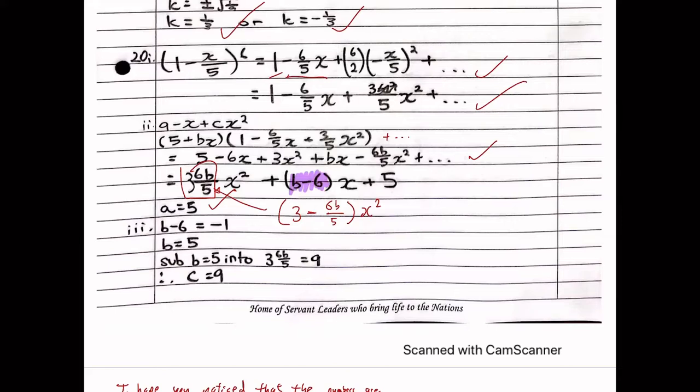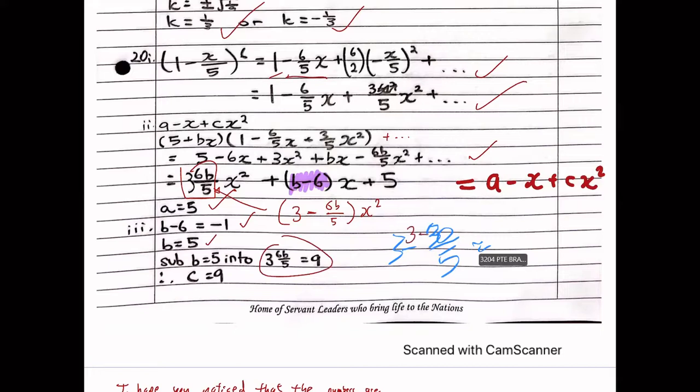Then yeah, we can just equate this to -1, which is what you did over here. Yeah, because this is equal to a minus x plus cx squared. Let me increase the font size a bit. Yeah, so b minus 6 is equal to -1. So bring the 6 over, you get 5. Correct. Your 5 is correct. Sub b into this.